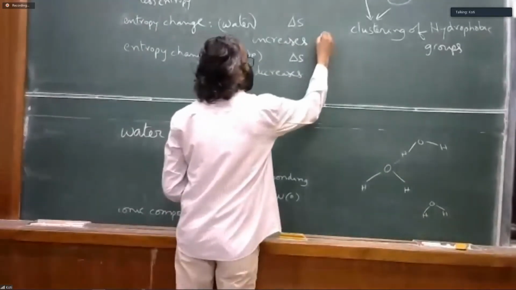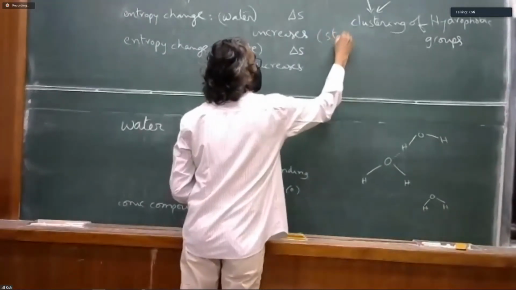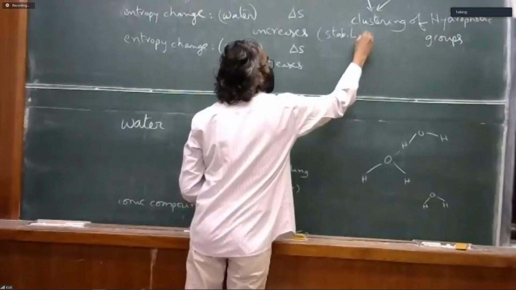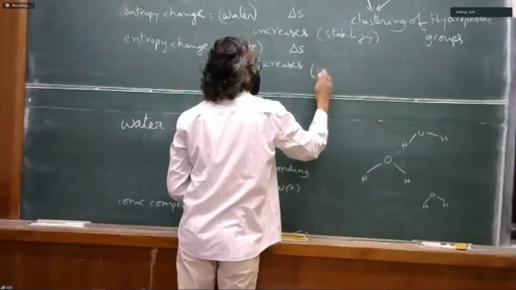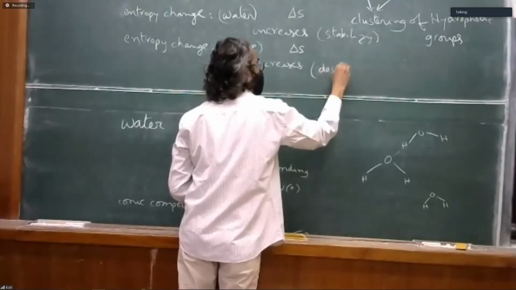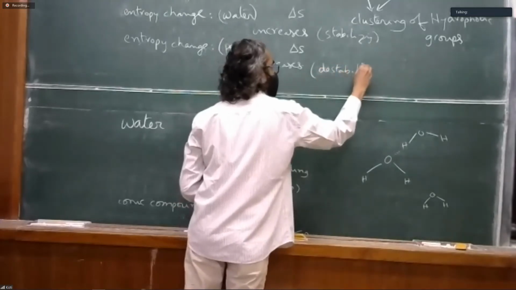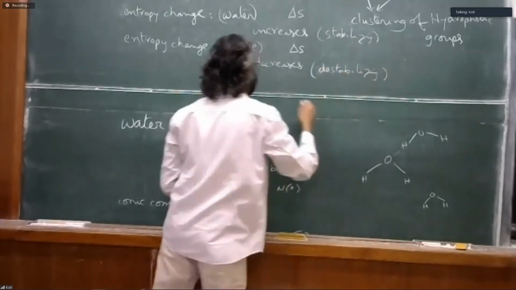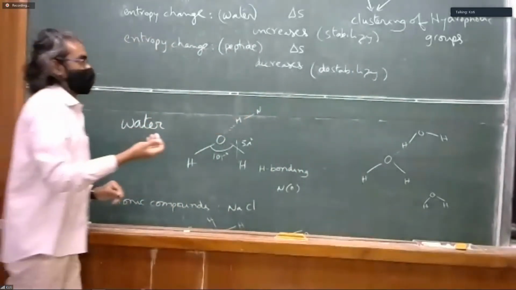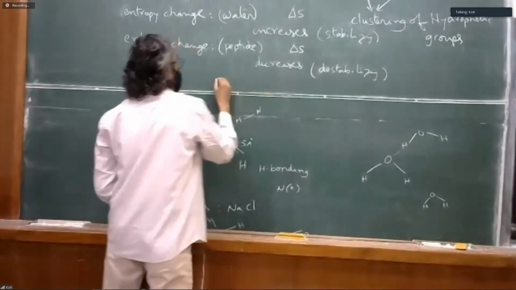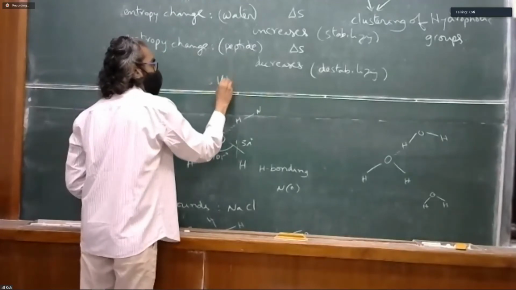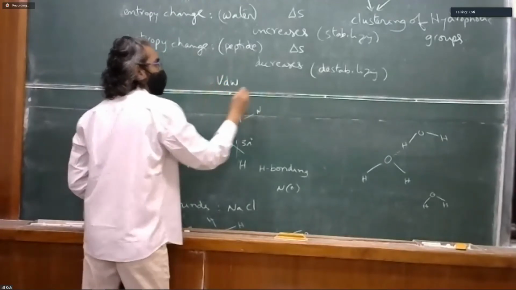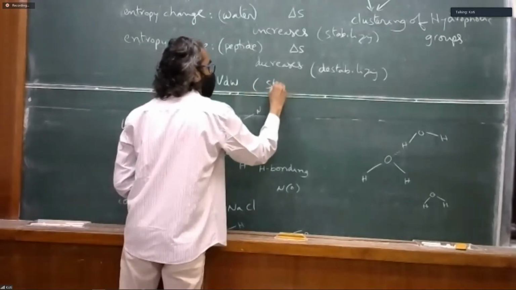The entropy decrease is destabilizing, right? Because entropy decreases, it's not a favorable process. But the side chain interactions, let's say Van der Waals interactions, are actually stabilizing.